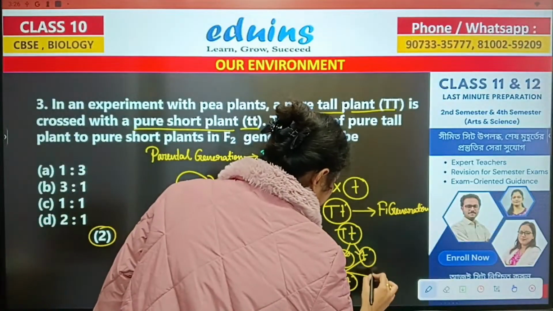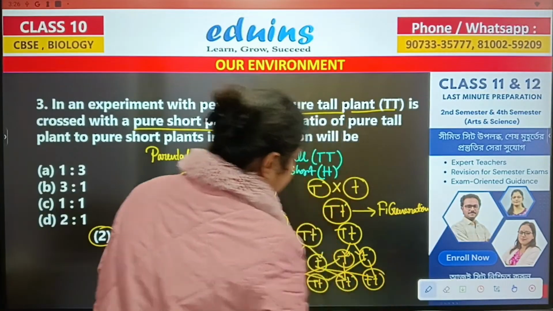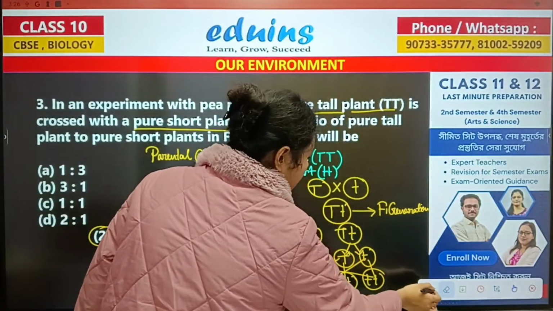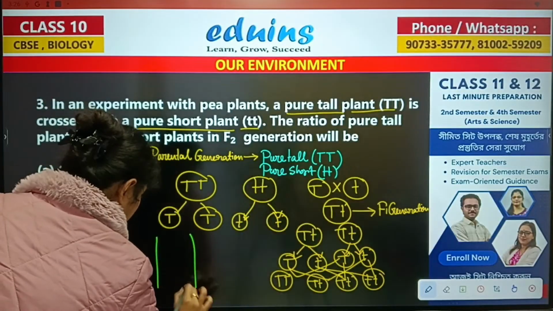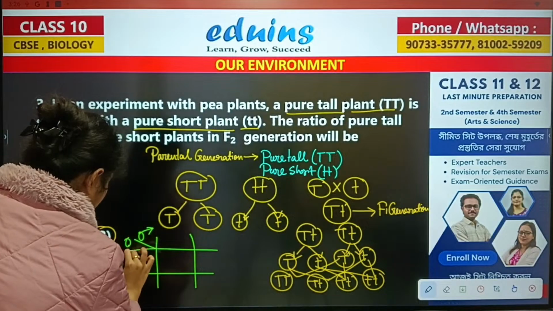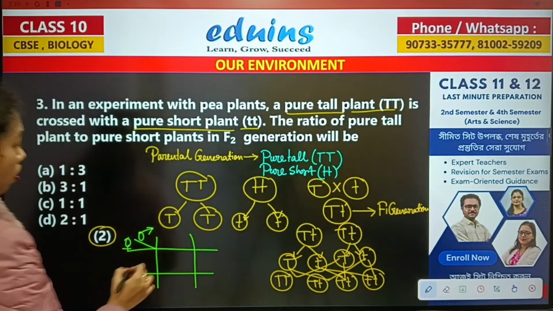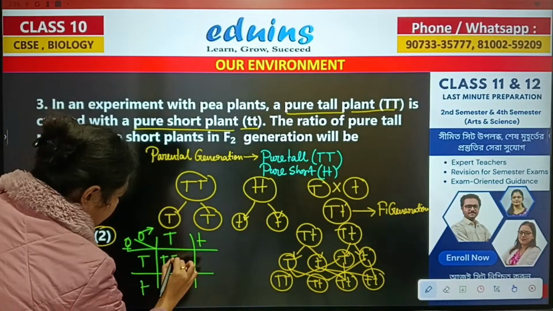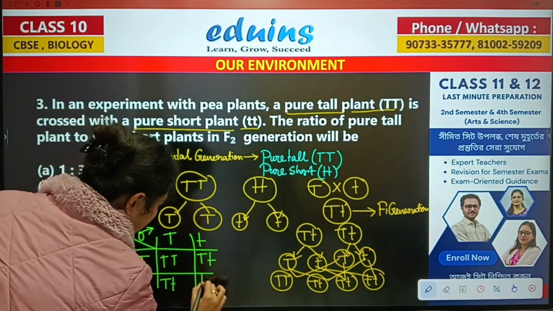If this gamete fertilizes this gamete, then it will be a hybrid plant, and if this gamete fertilizes this gamete, then it will be a pure short plant. So the checkerboard we can get from this: male gametes, female gametes, capital T, small t, capital T, small t. Capital T capital T, capital T small t, capital T small t, small t small t.